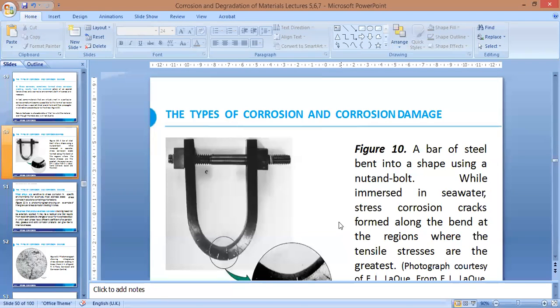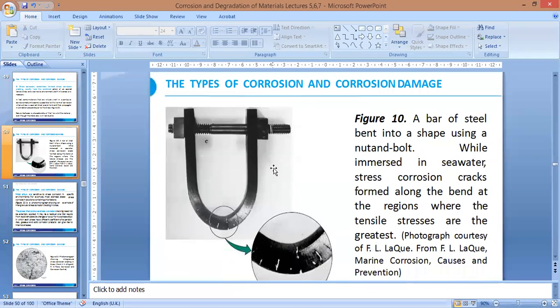So we find that a metal alloy will be ductile, but when it's exposed to this particular type of environment, it actually becomes brittle. It changes when not just exposed to that environment, but also under tensile stress.